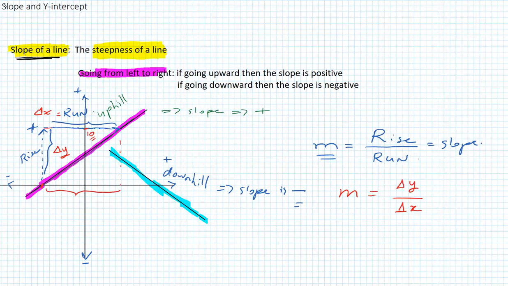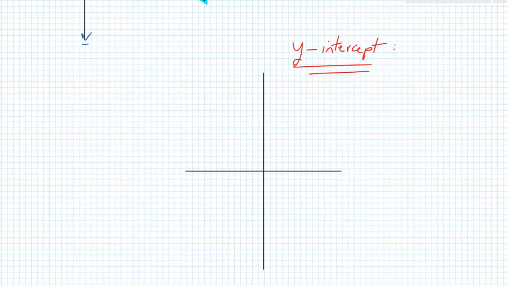Okay, the next piece of the linear equation is the y-intercept. In fact, we can deal with the x-intercept as well, but don't worry about it right now. The x-intercept is very simple. If I draw any line, the point of intersection of the line and the y-axis, which is right there, is called the y-intercept.